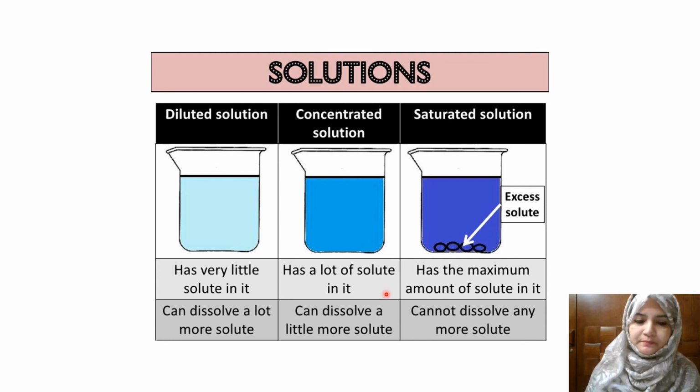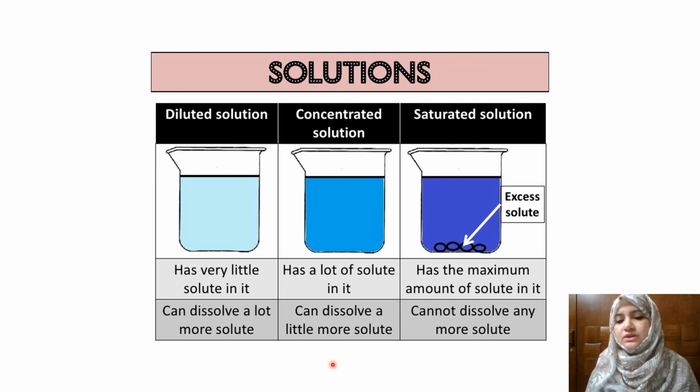That's why a dilute solution can dissolve a lot more solute in the solvent, and a concentrated solution also can dissolve a little more solute, but the saturated solution cannot dissolve any more solute. Okay, the solute will be gathered at the bottom of the container.